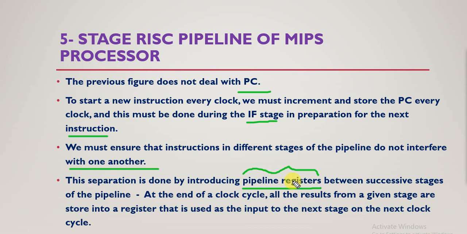At the end of a clock cycle, all the results from a given stage are stored into a register. That is the intermediate pipeline register, and it will forward that to the next stage on the next clock cycle. The next diagram will demonstrate that concept.